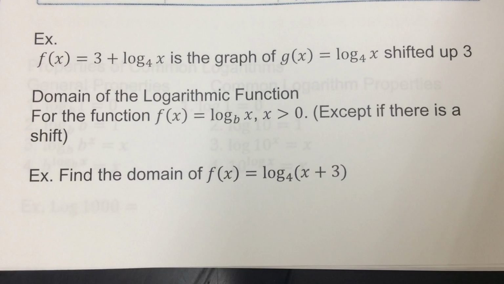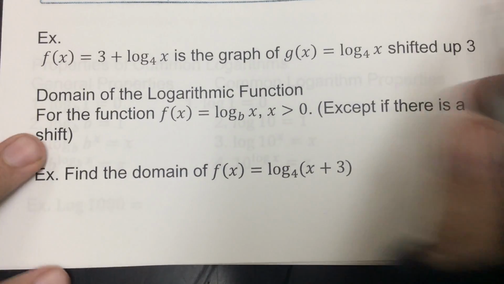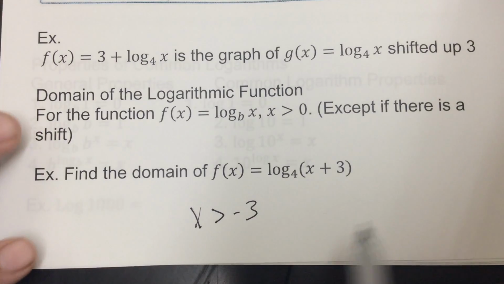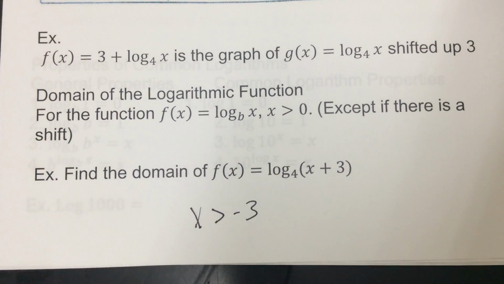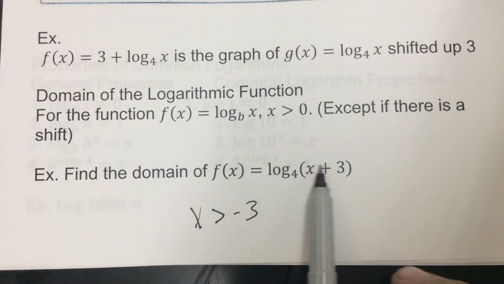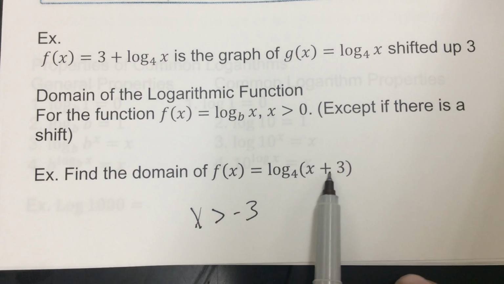Now, because we've been shifted left 3, that's going to shift our domain. So instead of being greater than 0, our domain is going to be x is greater than negative 3. If you think about it, if you put negative 3 in here, negative 3 plus 3 is 0, so that's the edge.